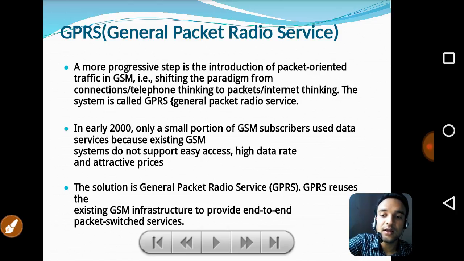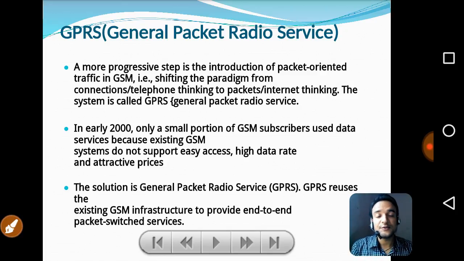In 2000, GSM subscribers had great difficulty surfing the net because the speed of GSM was very slow, and moreover it was very costly. So the mobile operators thought it was time to develop a new architecture so that they could give customers more affordable internet rates and also faster internet. From that time, GPRS evolved.